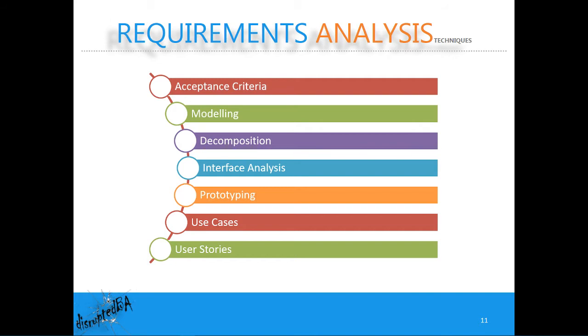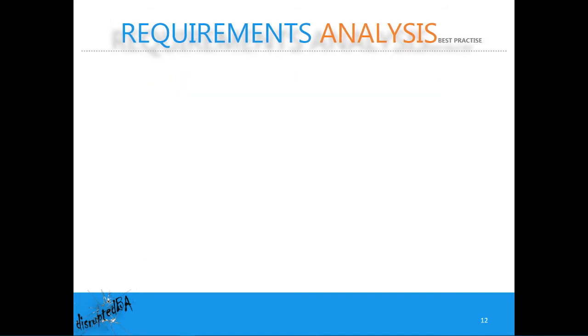For your requirements, some of the best practices that we should use during the analysis phase would be to always think big. What I mean by that is be aware of relationships and dependencies between all these requirements and statements that you have gathered and documented. So big picture thinking is crucial.